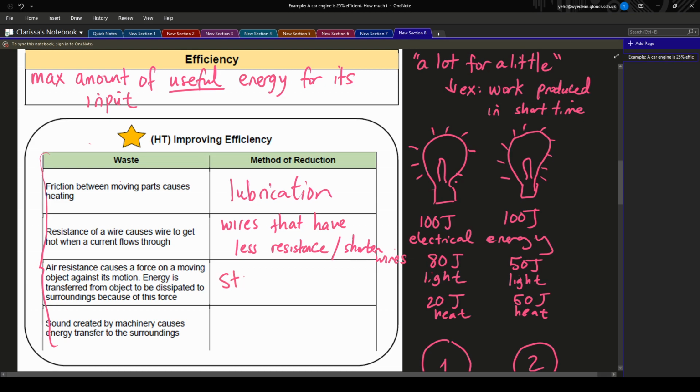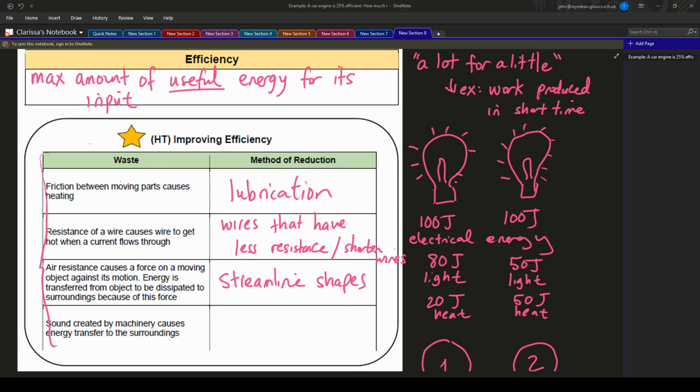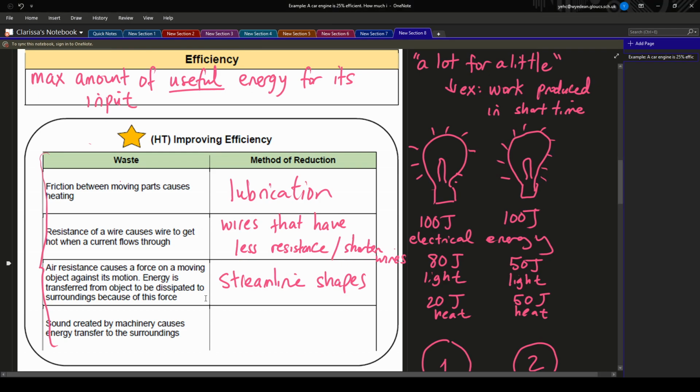For air resistance, we can streamline shapes to help reduce the energy loss due to the air resistance. For sound, we can tighten loose parts to reduce vibrations.